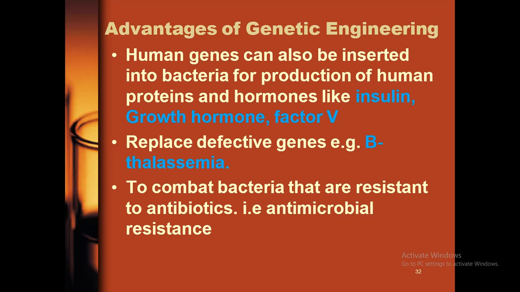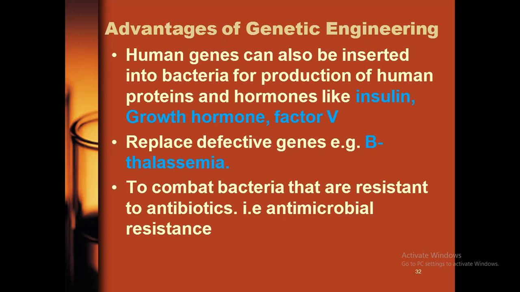And here you can see the advantages of genetic engineering are manifold. Human genes can be inserted into bacterium for production of human proteins and hormones like insulin, growth hormone, recombinant factor 5, which is a very important clotting factor, and recombinant factor 8 and factor 9 for the treatment of hemophilias.